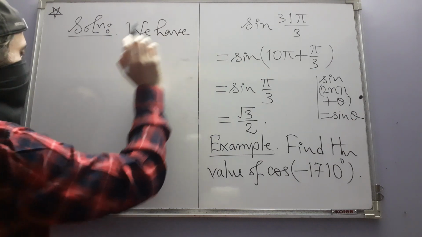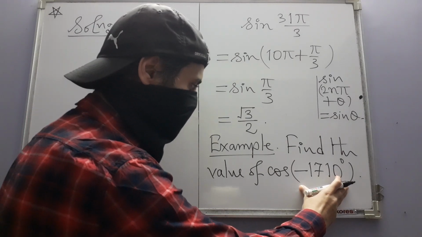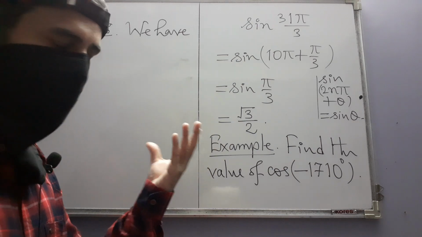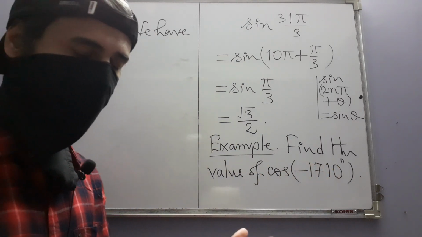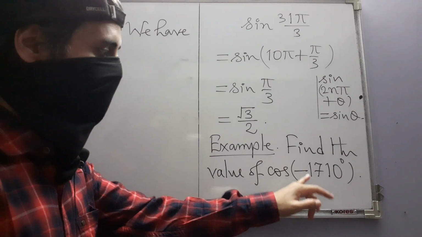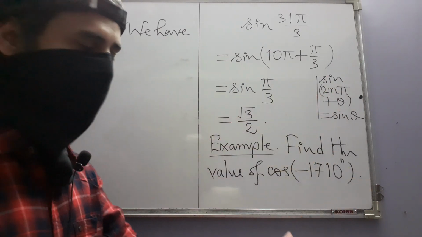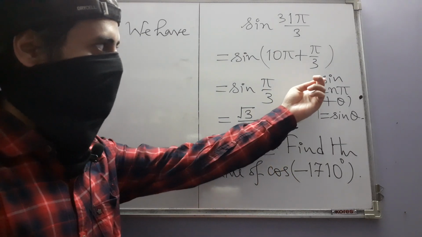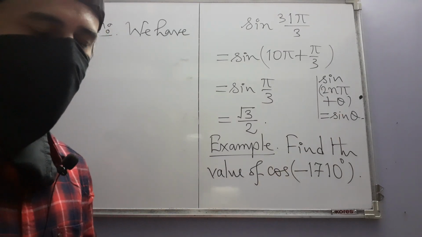Here also, in order to tame this angle, to reduce its magnitude, we add an appropriate multiple of 2 pi to the angle without changing anything, because just like sine, cos of 2n pi plus theta is also equal to cos theta.